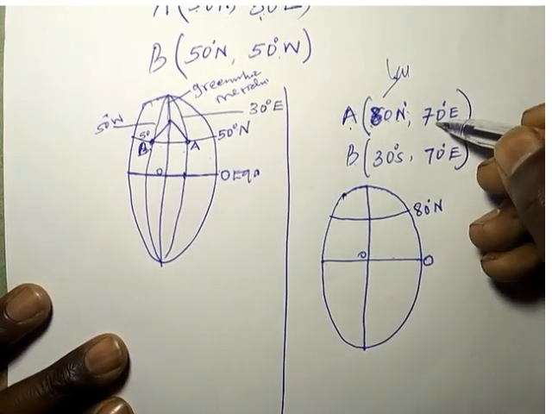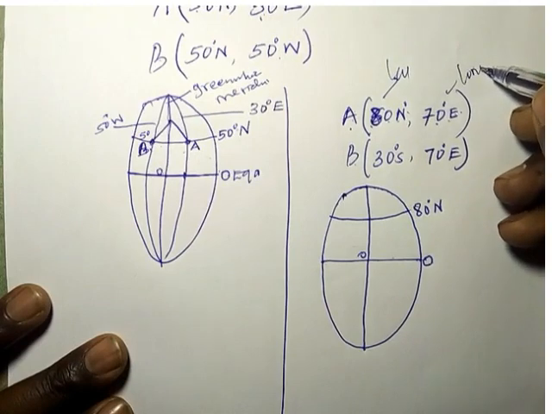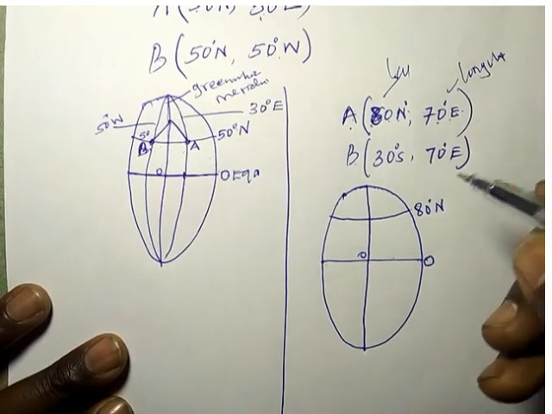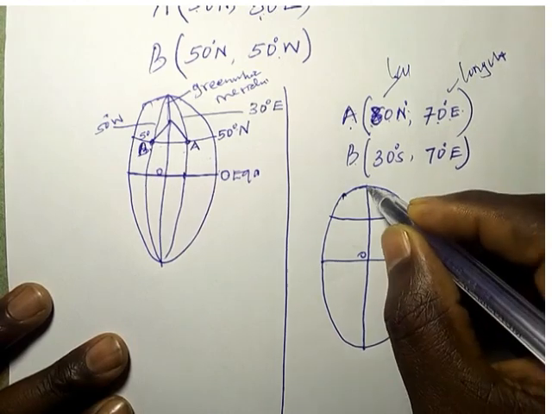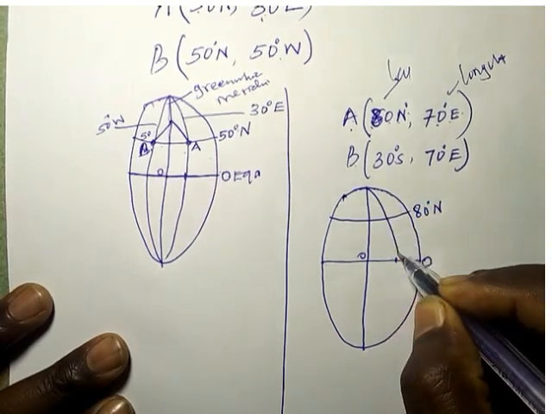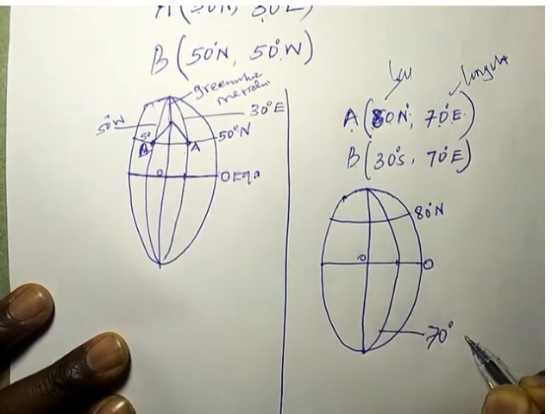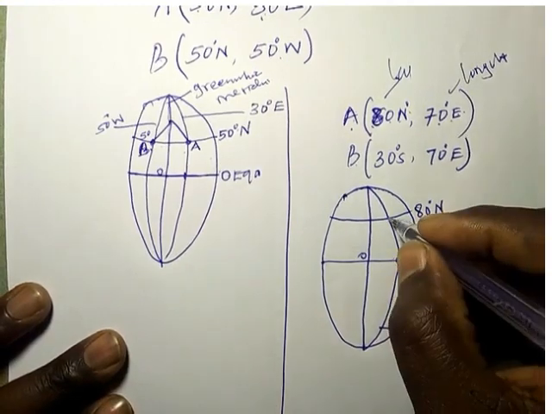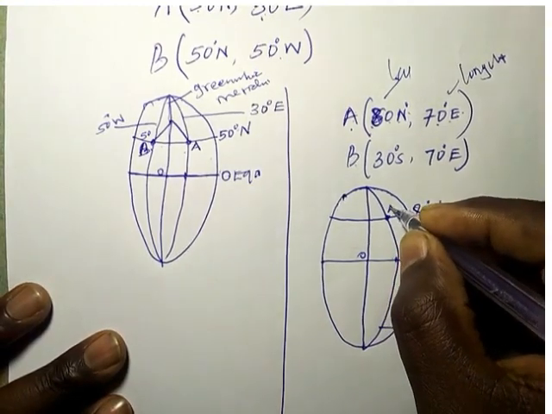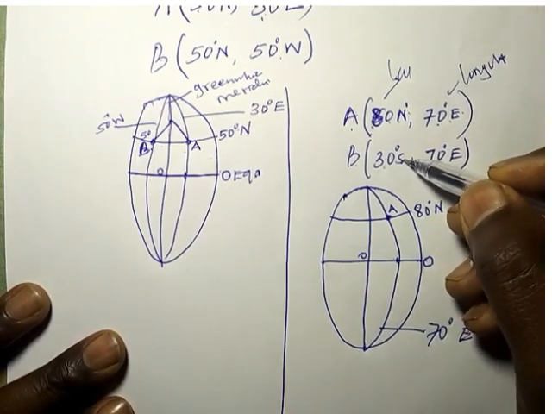And then 70 degrees east. 70 degrees east, this is the longitude. So 70 somewhere here. We put it there. This one is 70 degrees east. So it means that point A is here. This is point A.